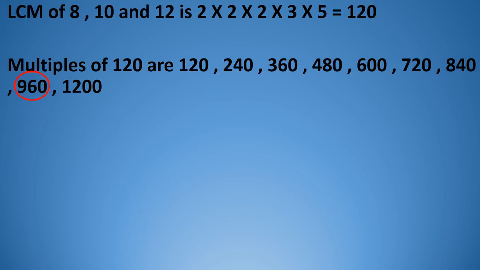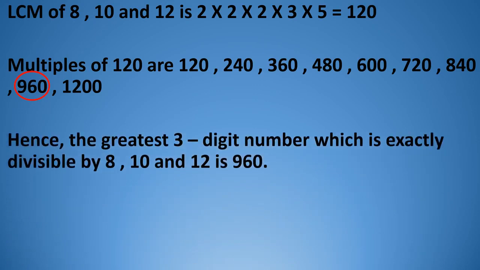Now see which one is the greatest 3-digit number. That is 960. Okay. Hence the greatest 3-digit number which is exactly divisible by 8, 10 and 12 is 960. Clear? Both the questions are same. Only in the first question you have to find out the smallest 3-digit number, and in this you have to find out the greatest 3-digit number.